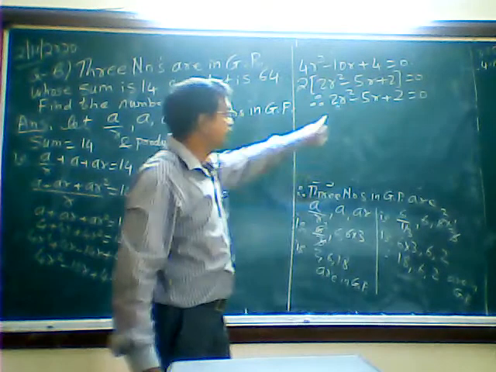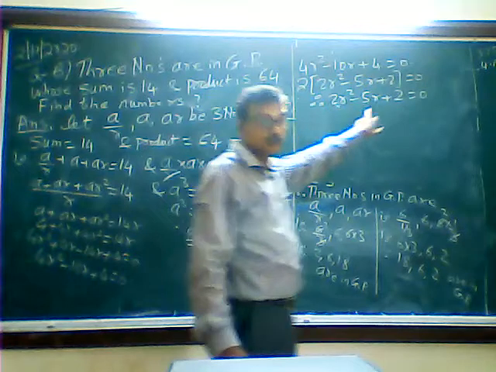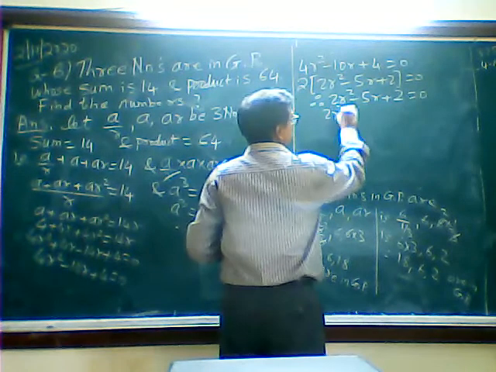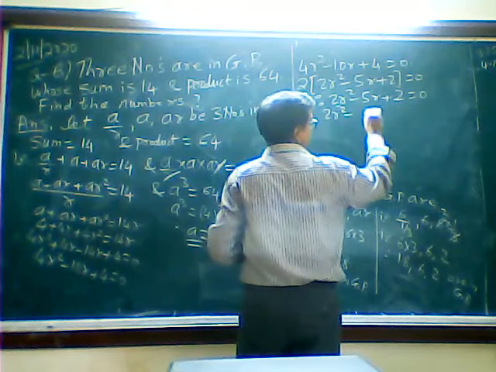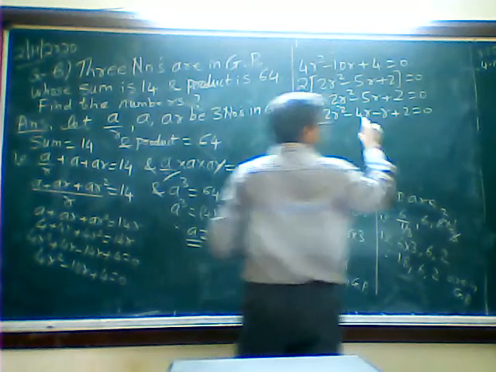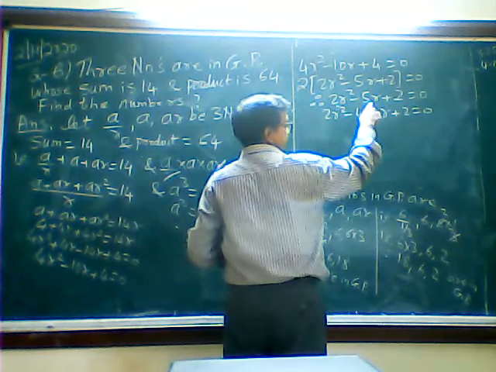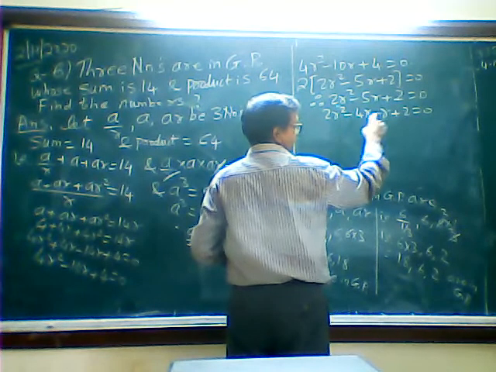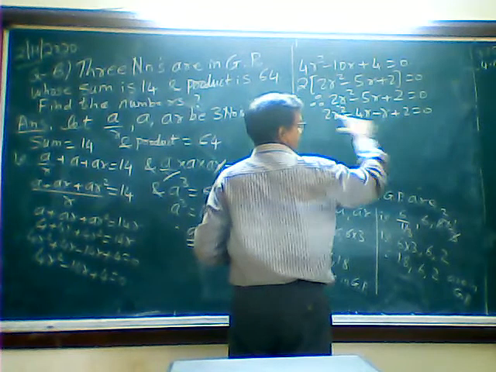See here again, product of 2r square into 2 is 4r square. In between, minus 5r is there. So what I will do? I will split minus 5r as minus 4r minus r. Minus 4r minus r gives minus 5r, and if I multiply minus 4r into minus r I get 4r square. It is matching.